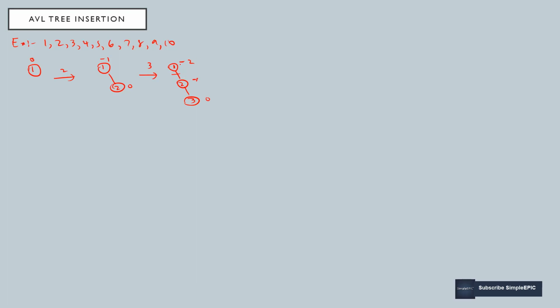We know the balance factor of a specific node is determined by the height of the left subtree minus the height of the right subtree. So this is the AVL tree condition.